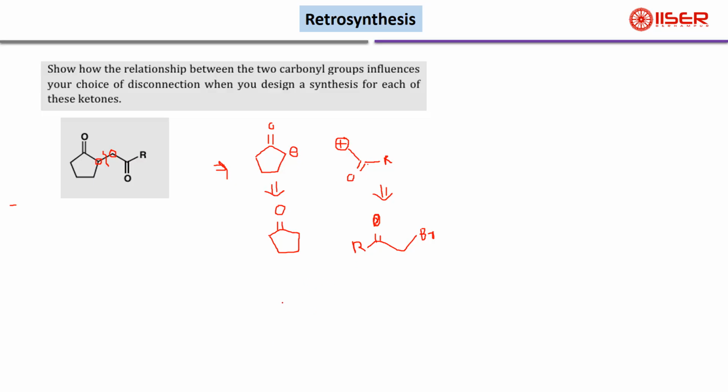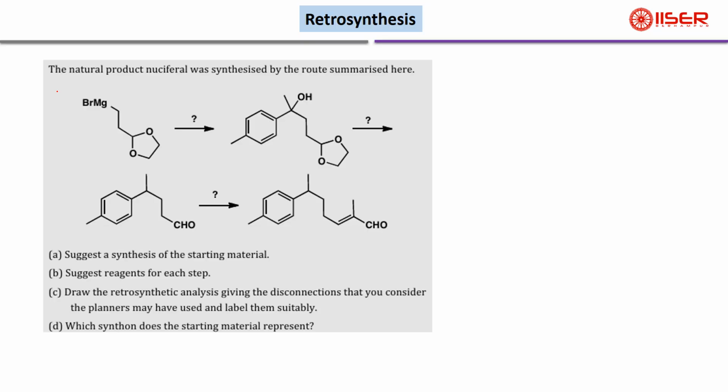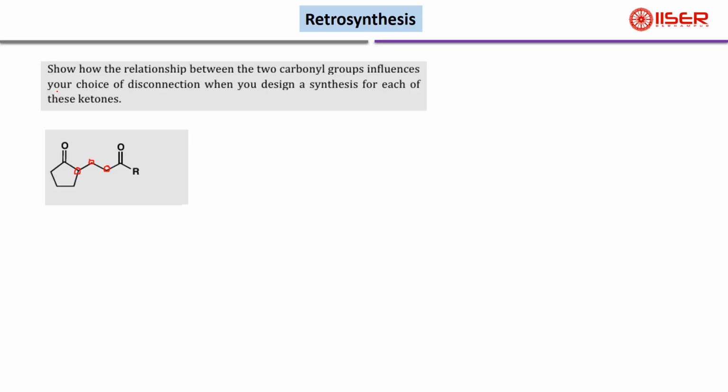The forward synthesis you can plan easily in a similar way. If you add LDA, followed by this electrophile, then you will get this carbonyl with two carbons apart. What will happen in the next case? Just think, I will give you two seconds.